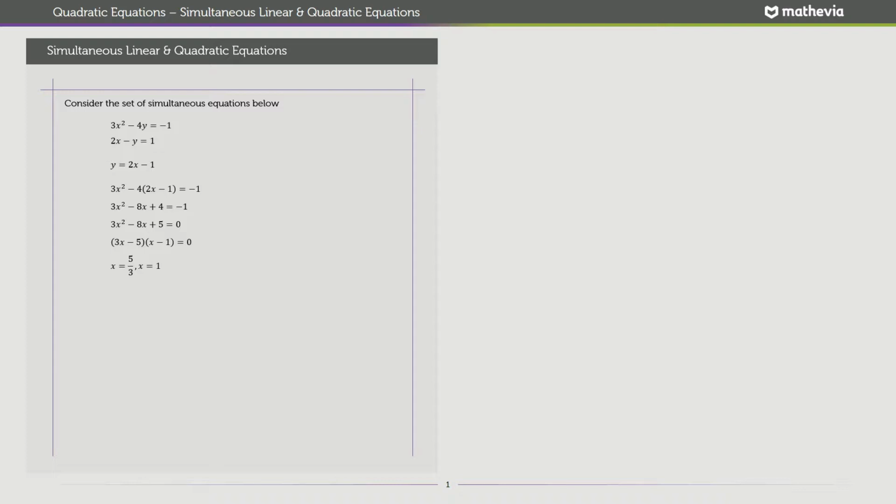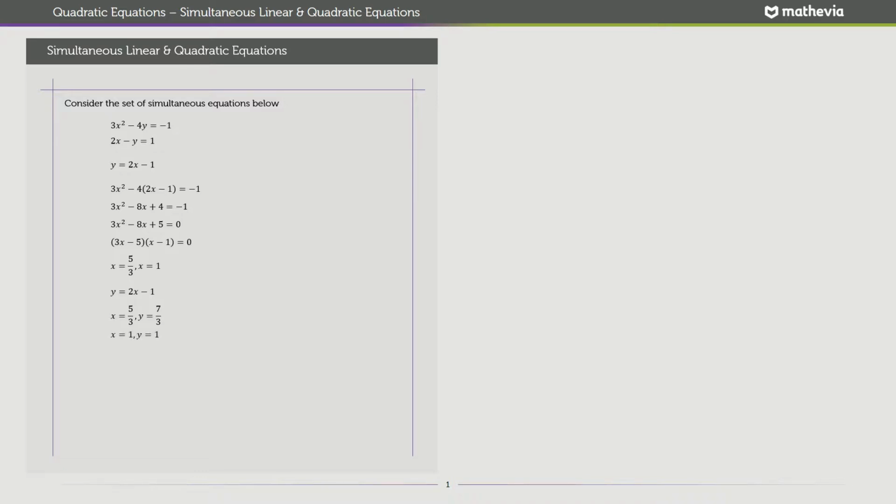For each of these x's, we have the y values. Just remember how you solve regular simultaneous equations: when you get x, you substitute your value for x to get y. This time we use y equals 2x minus 1, so we substitute each of the x values to get y. For x equals 5 over 3, 2 times 5 over 3 minus 1 gives you 7 over 3, so y is 7 over 3.